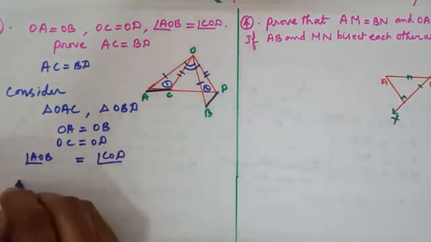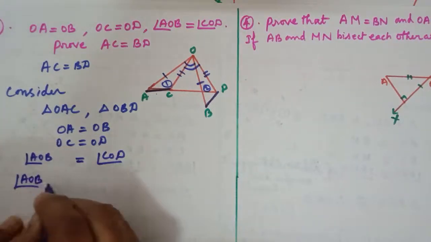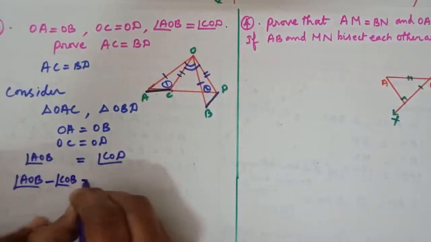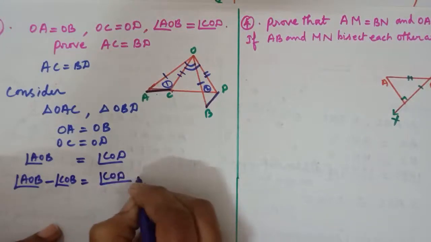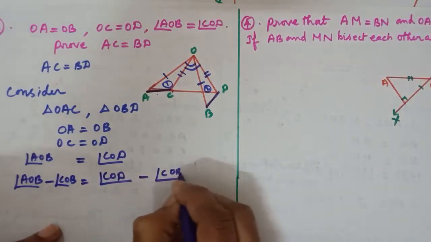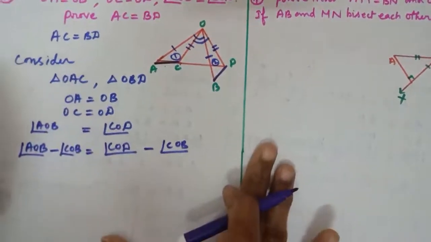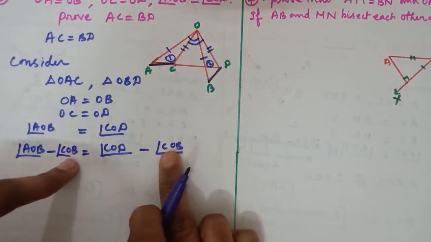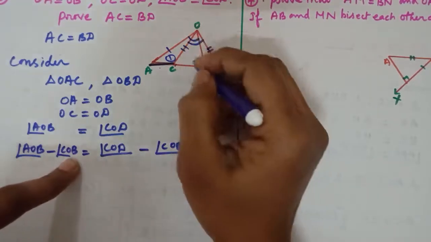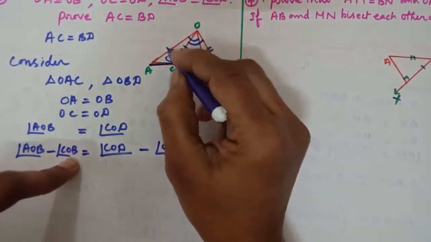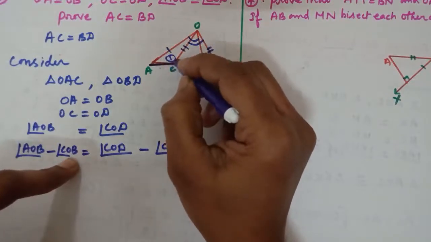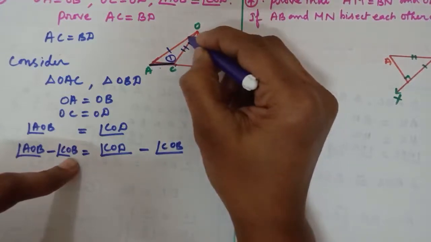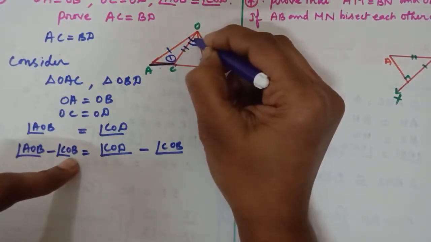Here angle AOB minus angle COB is equal to angle COD minus angle COB. Students, listen, I have written minus COB on both sides, because we want one angle from this triangle and this triangle only. But this angle is extended.